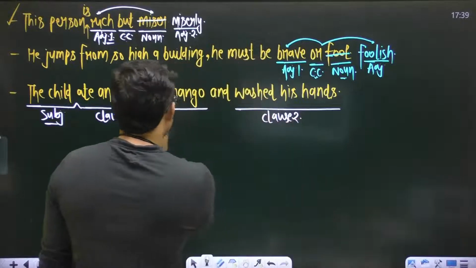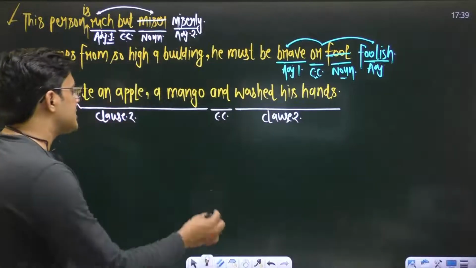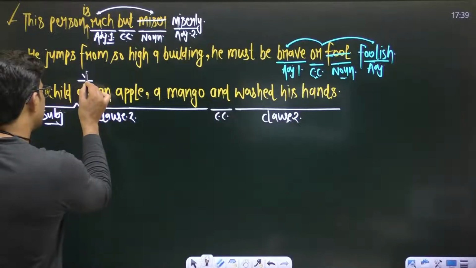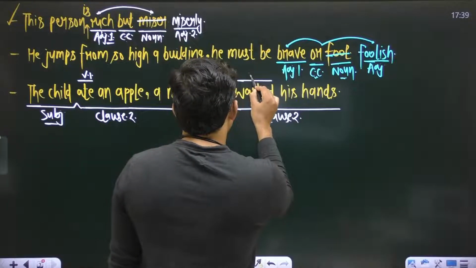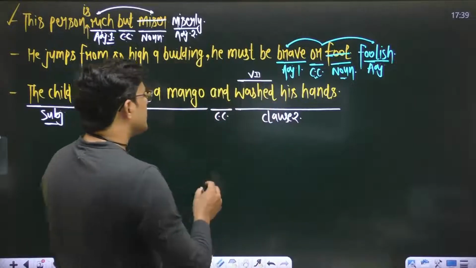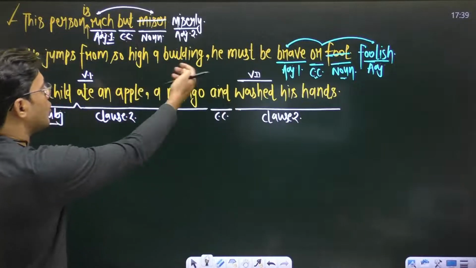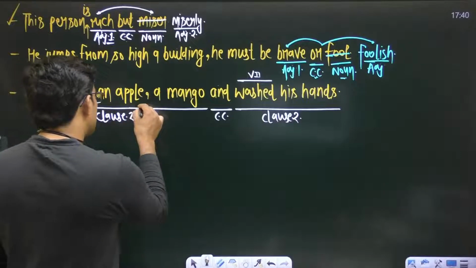And to connect two different clauses, this is the coordinate conjunction. This coordinate conjunction is going to connect two different verbs. The first verb is ate, and the second verb is washed. So this and conjunction is to connect two different verbs, but we also have two different nouns.